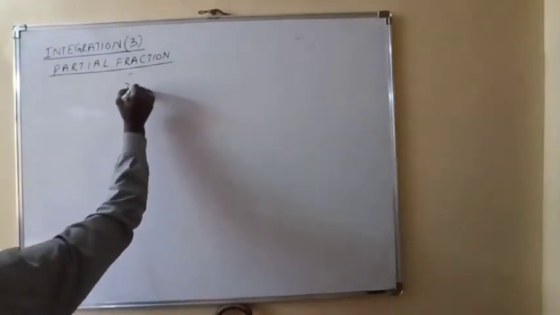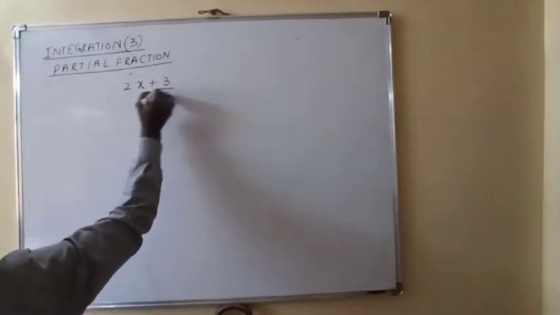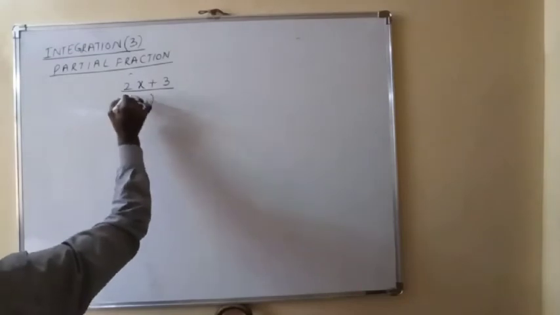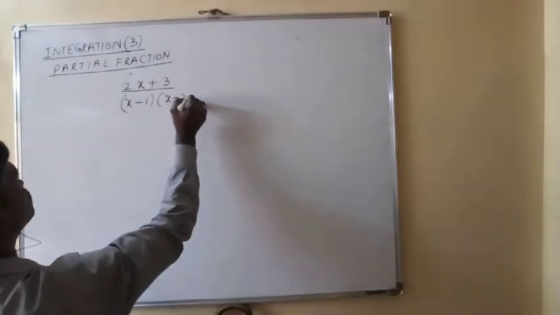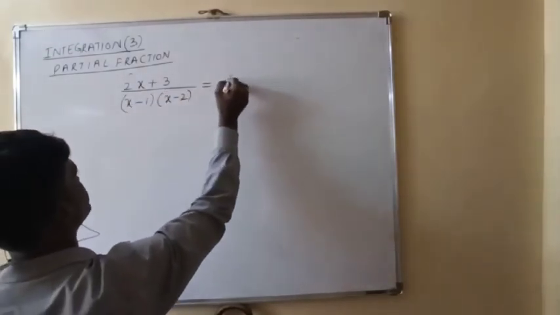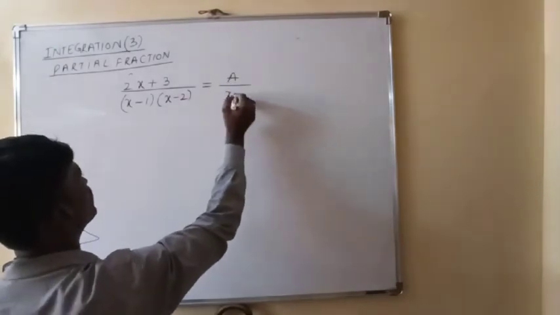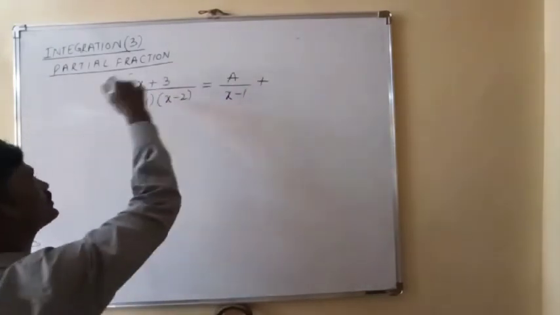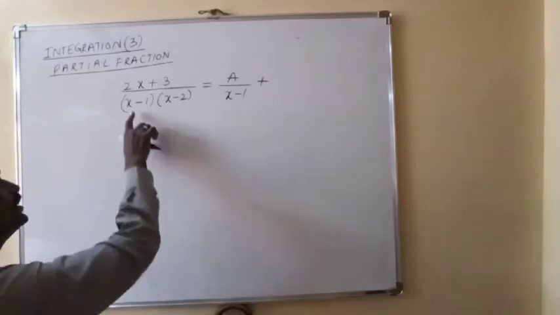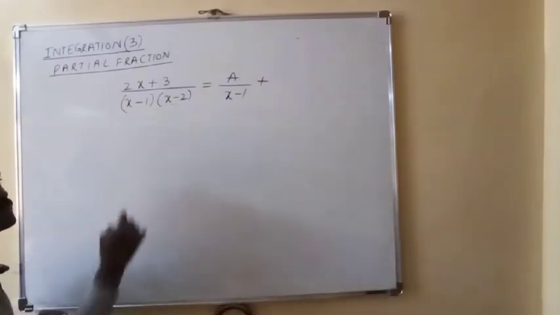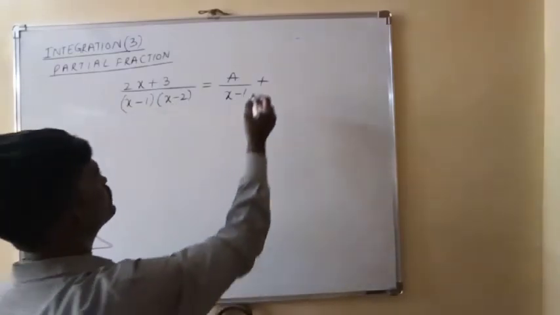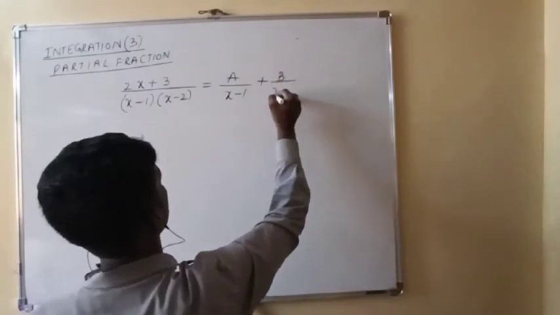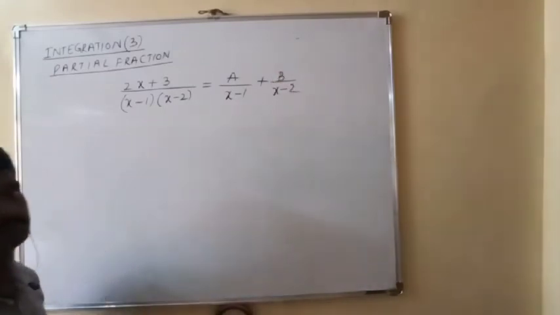Suppose the problem is given: 2x plus 3 by (x minus 1) into (x minus 2). So what are the fractions? A by x minus 1, because it is a proper fraction only, no? Degree of numerator is 1, degree of denominator is x into x, squared, 2. Okay. So B by x minus 2. Correct?